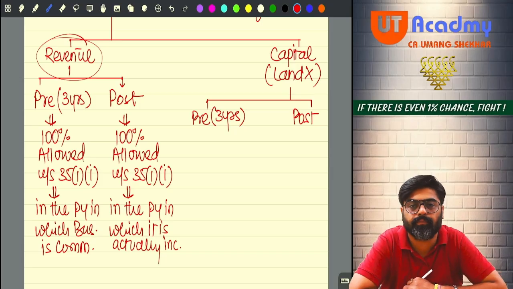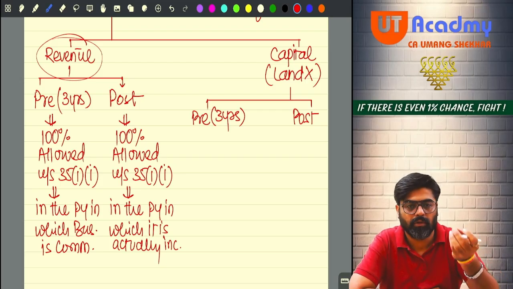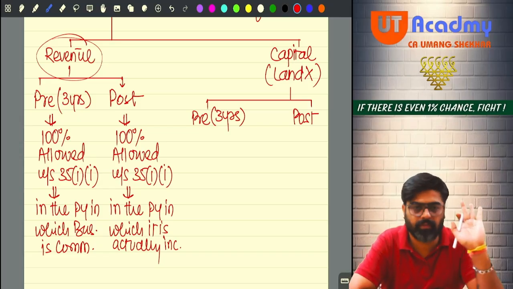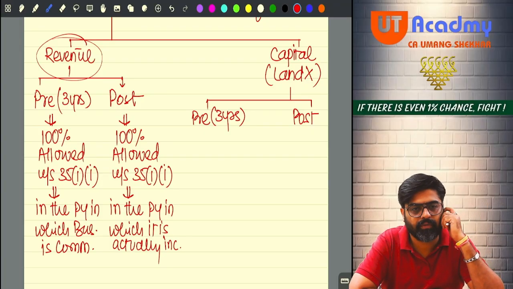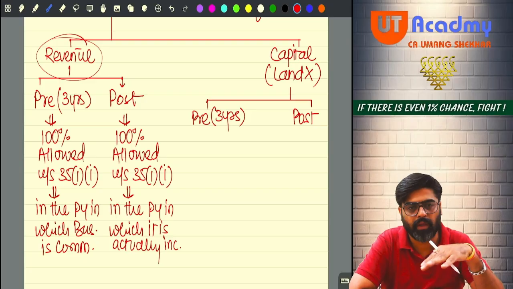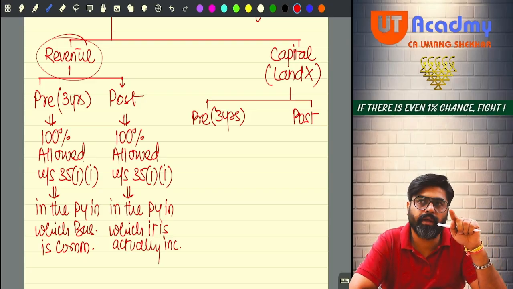What type of expenditure? Revenue expenditure. Now what are the revenue expenditure which can happen on your scientific research? For example, you are doing a business. In your business, some research work you are doing, that is for the purpose of your business only. Big pharma companies, big IT companies, they usually conduct different types of researches, no? Automobile companies and all. So whatever research you are doing, it is for your business only. But in that research, you are incurring revenue expenditure.